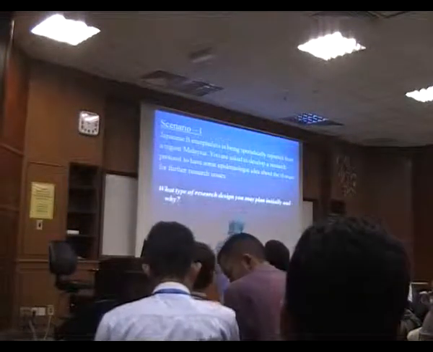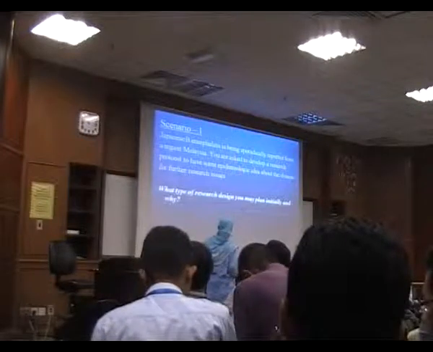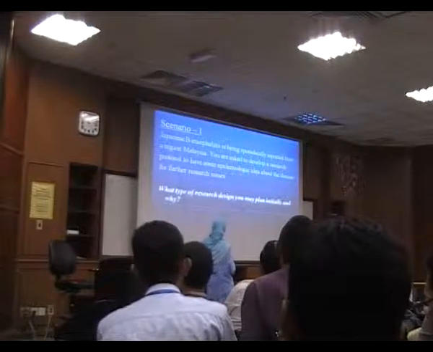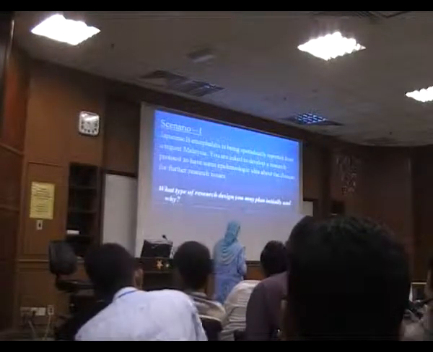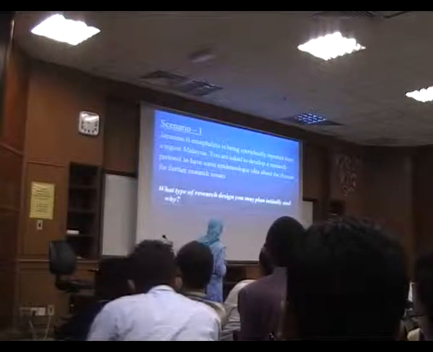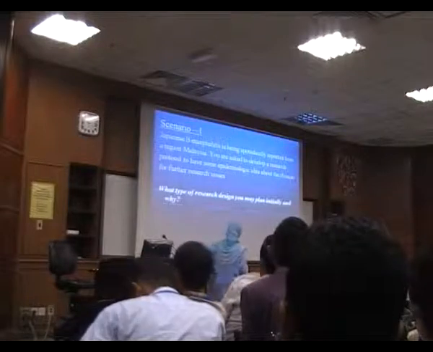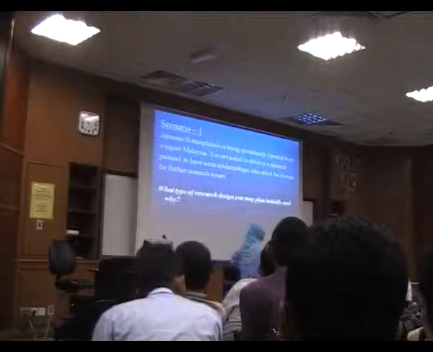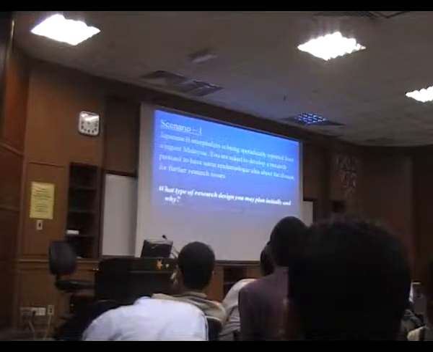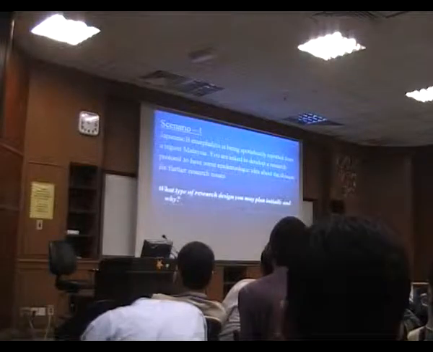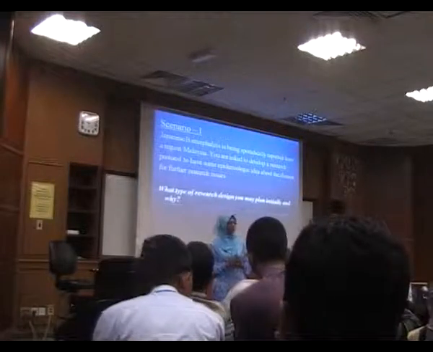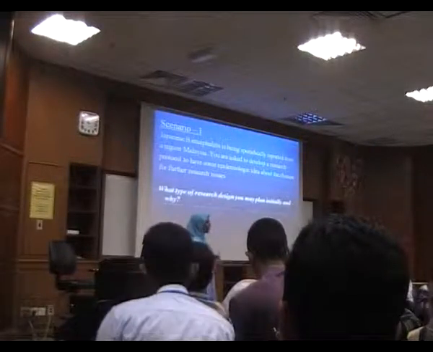Japanese encephalitis is being sporadically reported from a region in Malaysia. You are asked to develop a research protocol to have some epidemiologic idea about the disease for further research. What type of research design you may plan initially? It is sporadically happening, no idea.